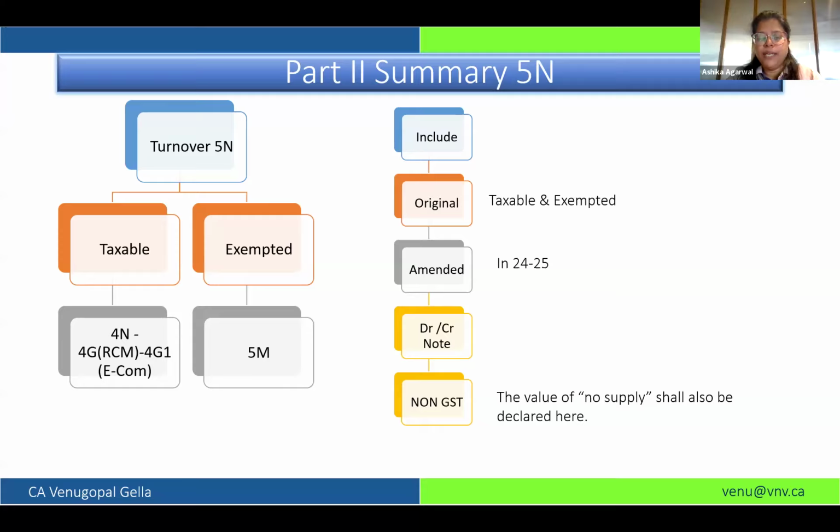So you have to keep in mind while filing GSTR 9, for table 4 and table 5, just take GSTR 1 and 3B of 24-25 only. Even though there are changes you have done in 25-26, that will come separately. But for table 4 and 5, it is 24-25.